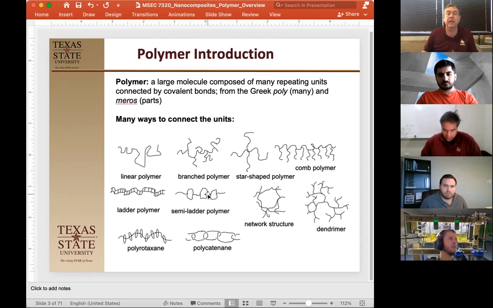And some of the more robust, thermally stable polymers from the 1950s and 60s were what we called ladder polymers, where you actually have 2 different polymer chains that are linked together all the way down.